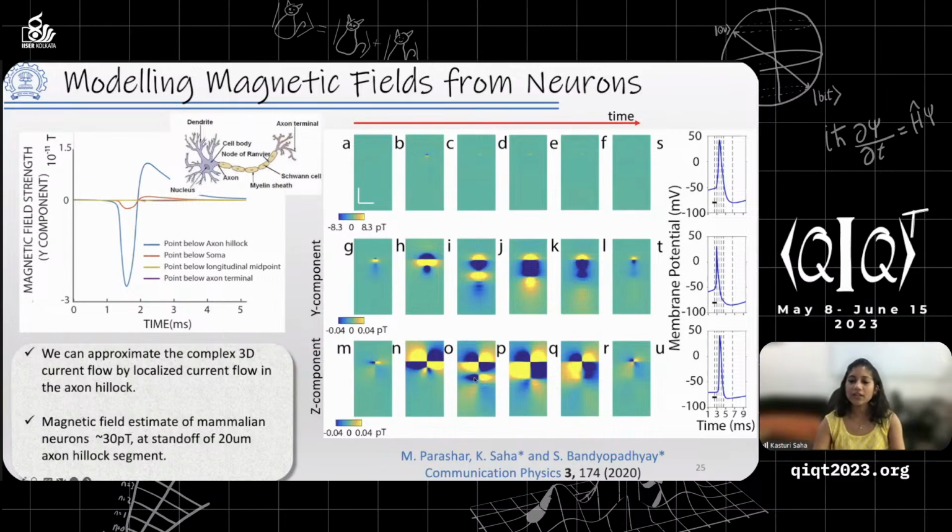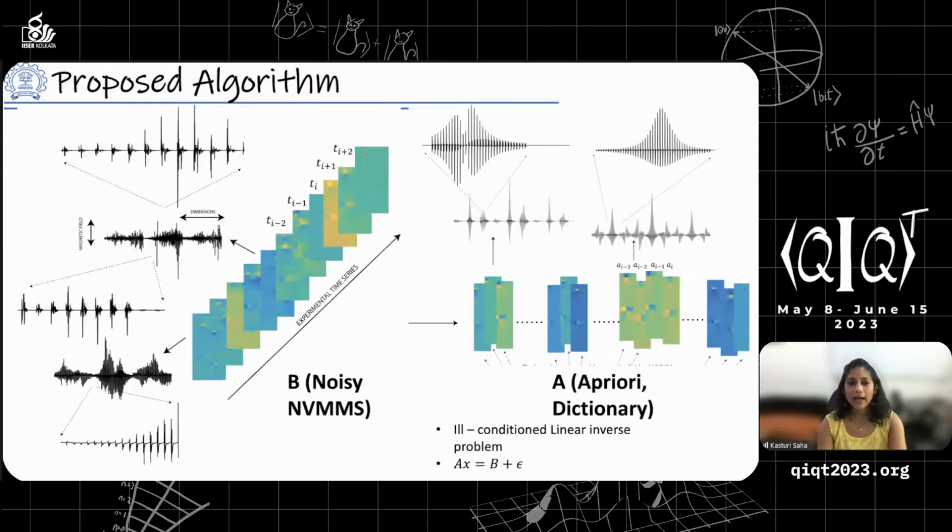But an interesting feature that also emerges from the modeling is that it's not just a dipole-like feature that you would expect. It's actually a quadrupolar kind of behavior in the magnetic field. And the fields are of the order of some picoteslas, about 30 picotesla, and that gave us the confidence that indeed it may be possible to measure the magnetic field from a neuron and be able to extract the neuronal potential from a cluster of neurons. And nobody has done this, and this is an open problem today.